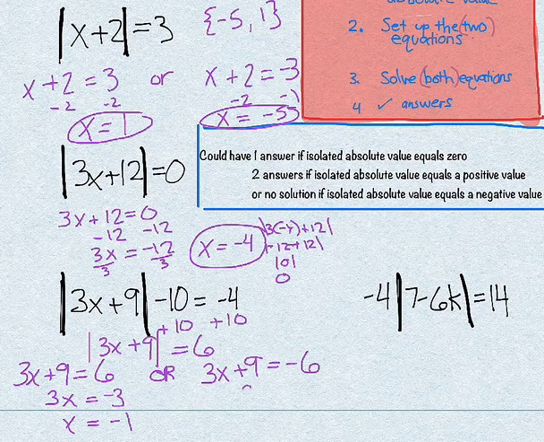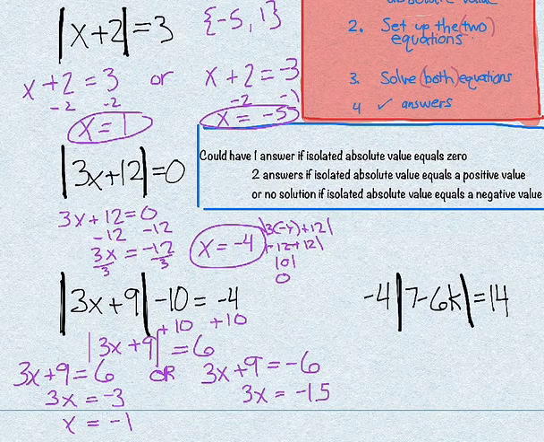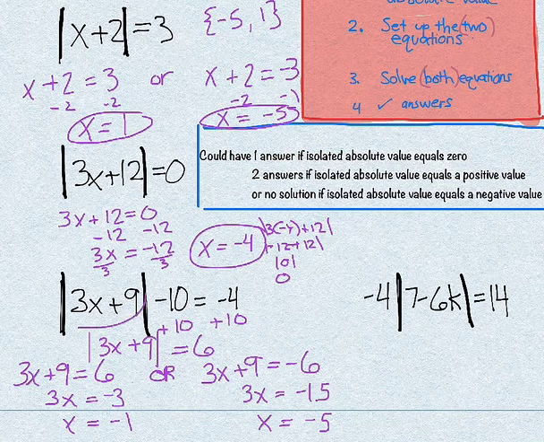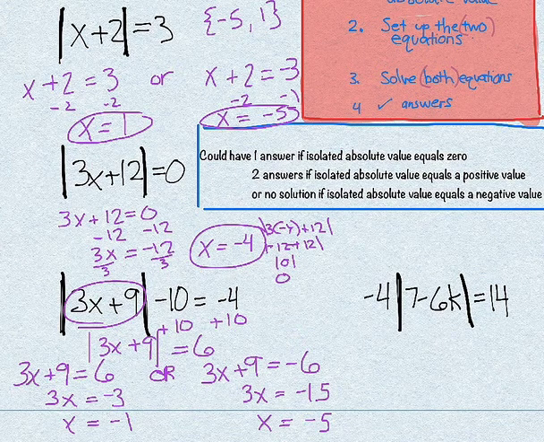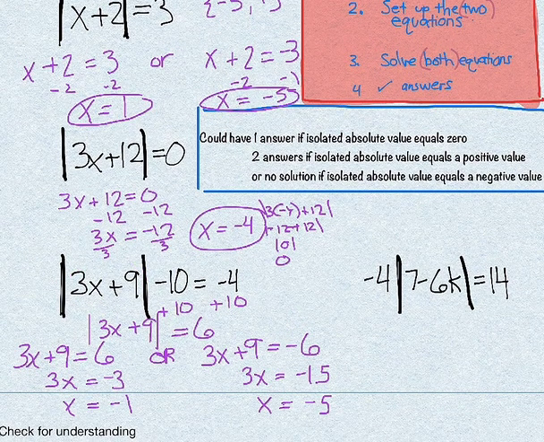Same thing over here: I'm going to subtract the 9 and divide by 3. Then I should really double check my answers. If I take 3 times -1, it's -3 plus 9 is 6, which has the absolute value of 6, minus 10. That is in fact -4, so it works, as does the -5. So I double checked the answers, and they both work.